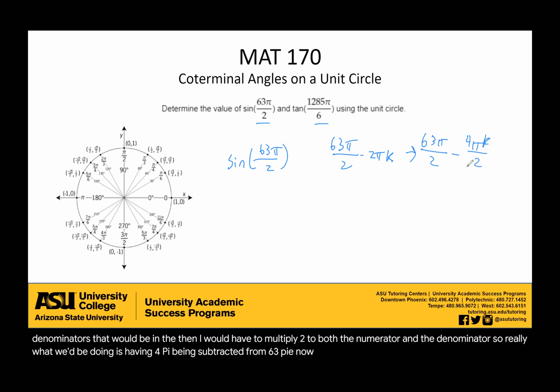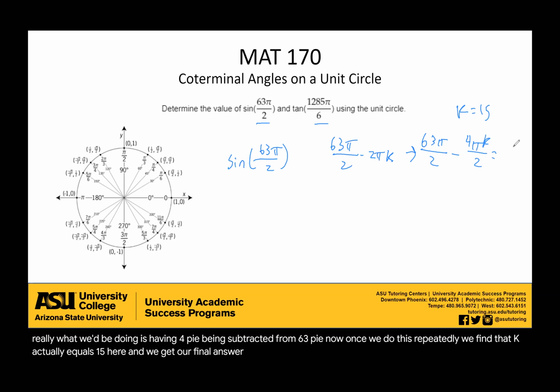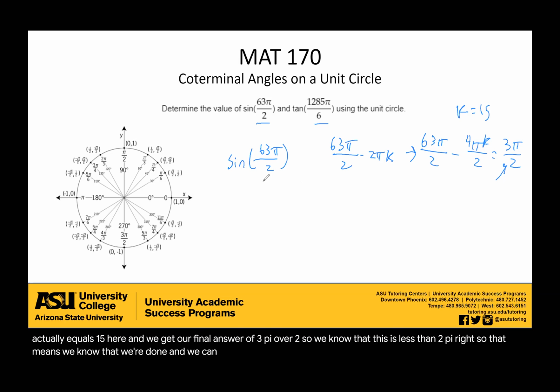Now, once we do this repeatedly, we find that k actually equals 15 here, and we get our final answer of 3 pi over 2. We know that this is less than 2 pi, so that means we're done, and we can just solve a regular problem.